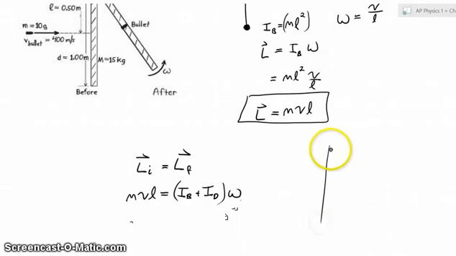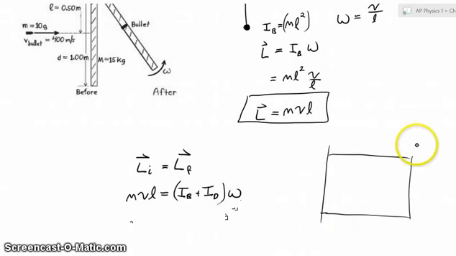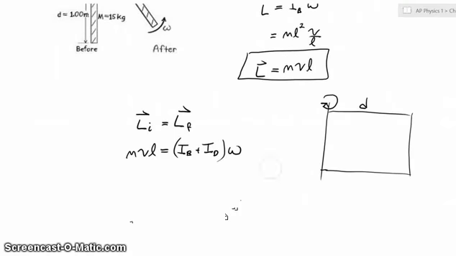If you look in your book, you'll find that the moment of inertia of a plank, a very thin plane about some rotational axis, if this distance is d, your book lists the moment of inertia of that shape as 1/3 mass times d squared.